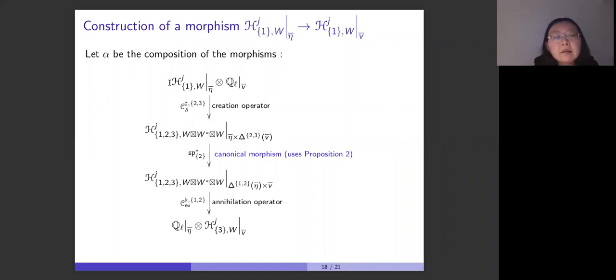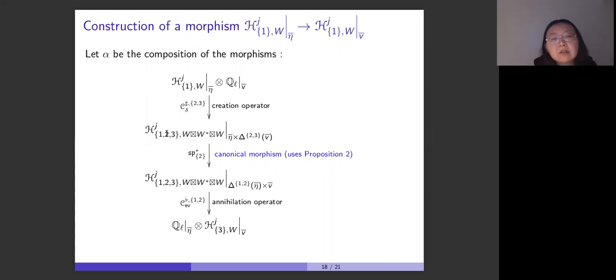We begin from the cohomology with one leg restricted to the generic point. The creation operator of Weil allows us to create two more legs. And the two more legs, we can ask them to be on the place V bar. So we create two legs.